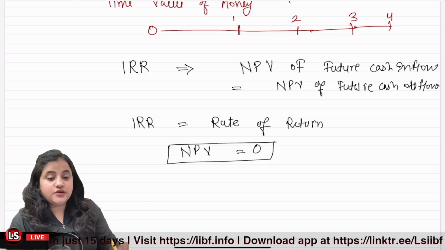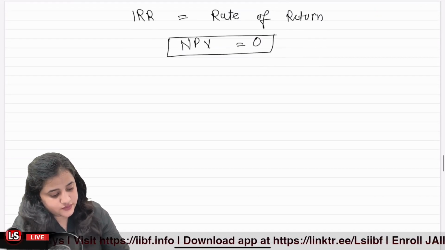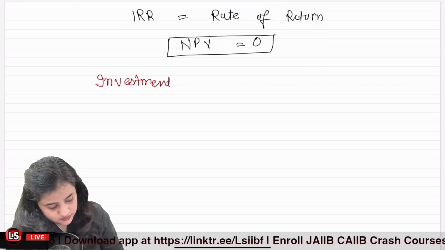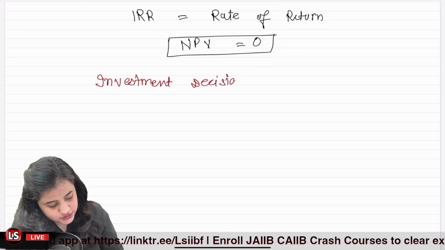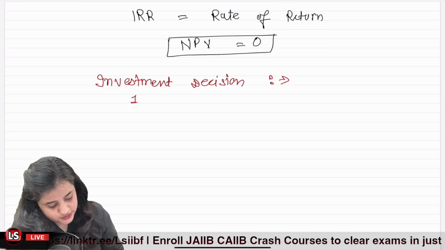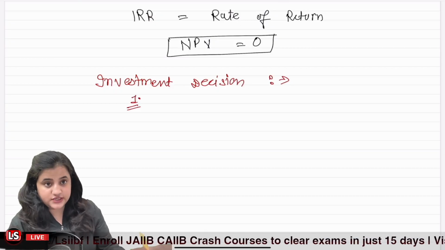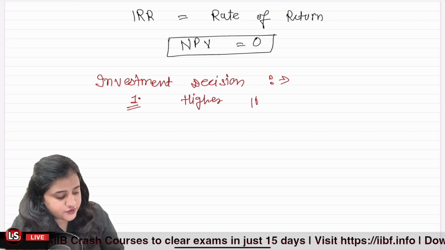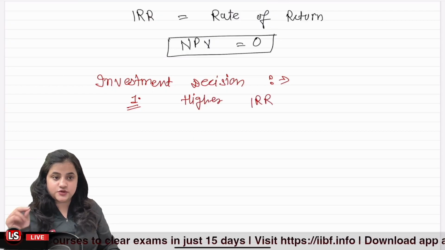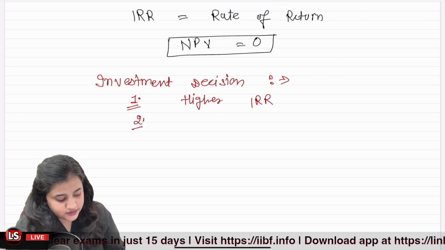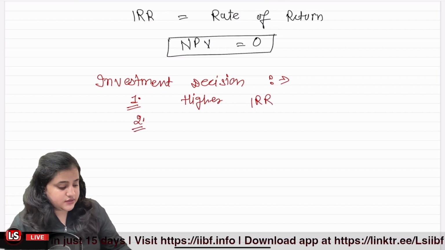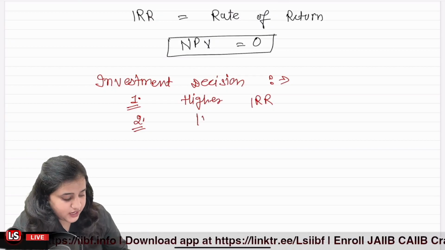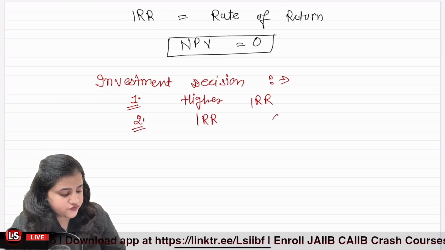Okay, and to make the investment decision, how do we make the investment decision? We are going to consider two factors. Number one, if we are comparing two projects, the decision will be based on higher IRR. Whichever project has higher rate of return, that is the project we are going to choose. And number two, if we only have one project, then we compare IRR with the cost of capital.